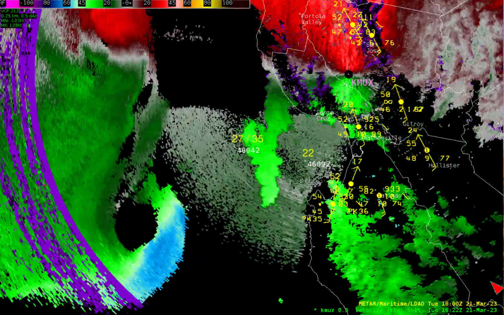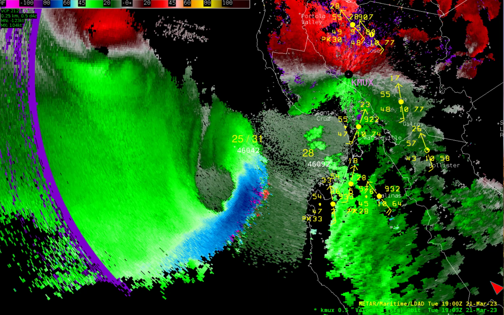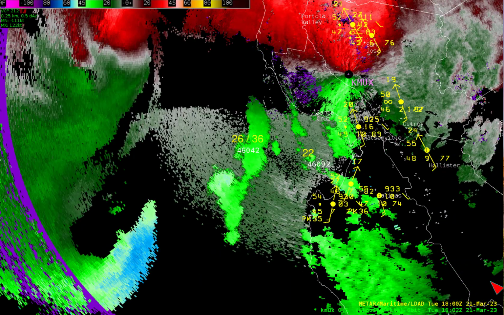At 18Z, I'm going to stop our loop and just tell you some of the wind speeds that were being observed. At this time, max winds were around 64 knots, being observed at 11,000 feet AGL.